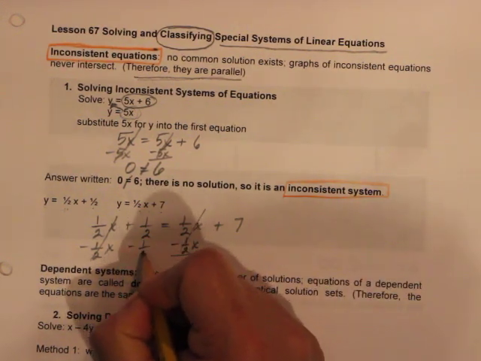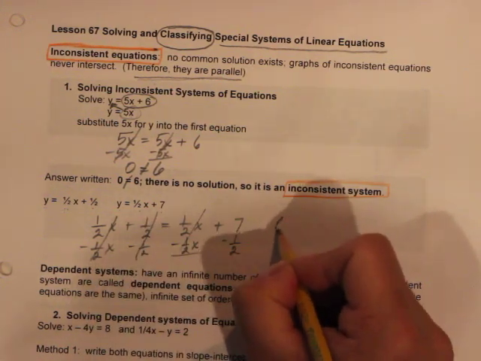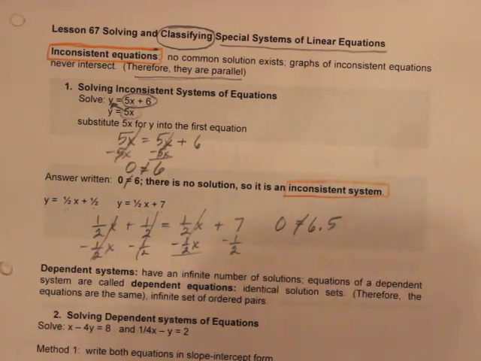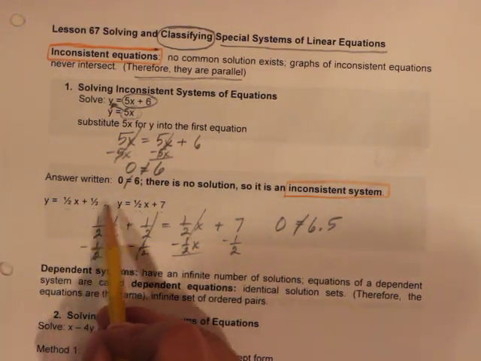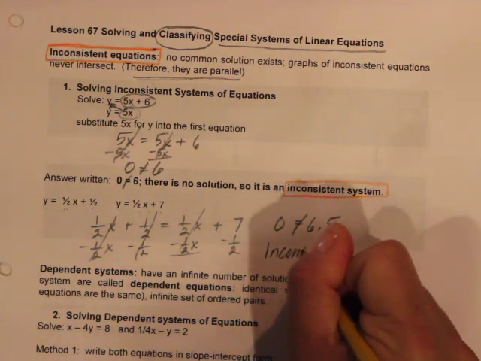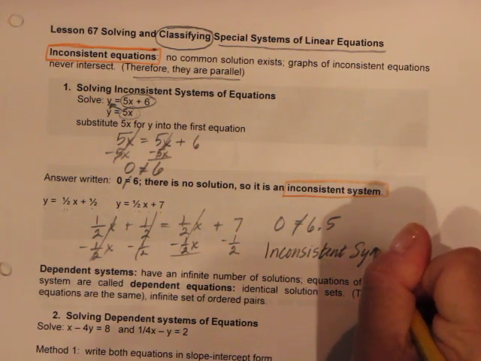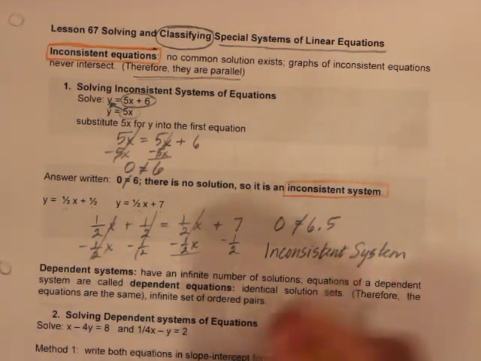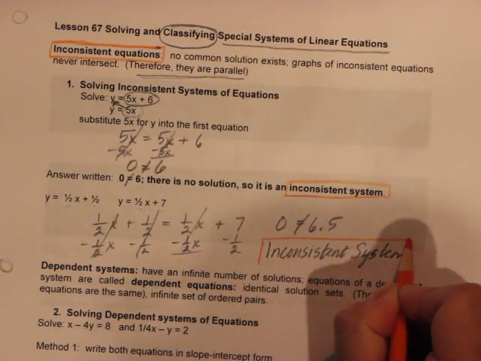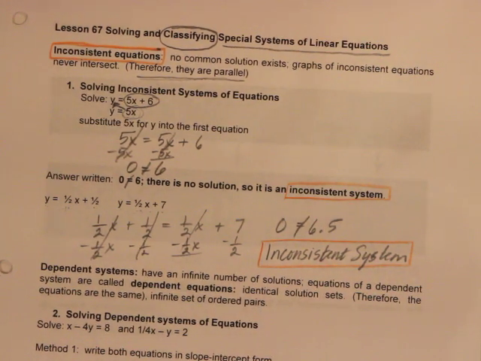And I subtract 1/2 from this side, and I subtract 1/2 from here, I'll end up with 0 on that side of the equation equals 6.5. Not true. So these two equations represent an inconsistent system. Okay? So we've worked with this before, we understand this, but today we're just learning the words to describe what's happening. So parallel lines represent an inconsistent system.